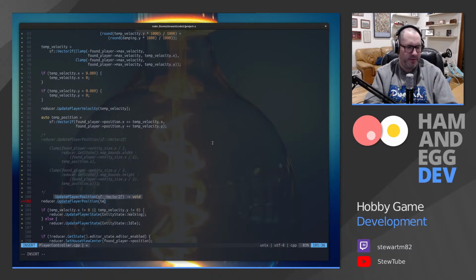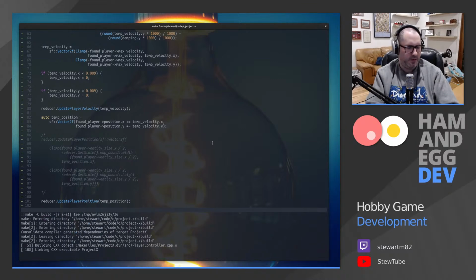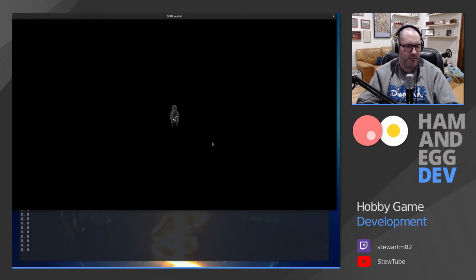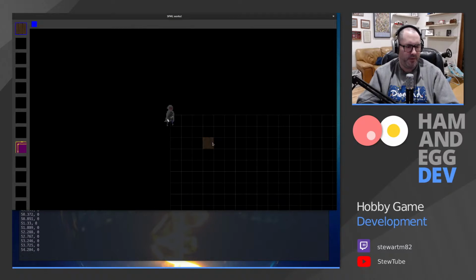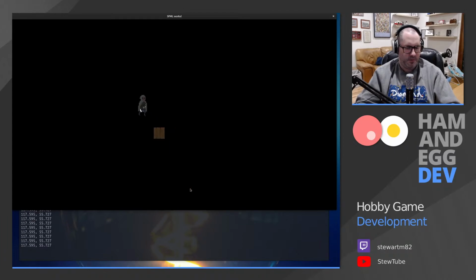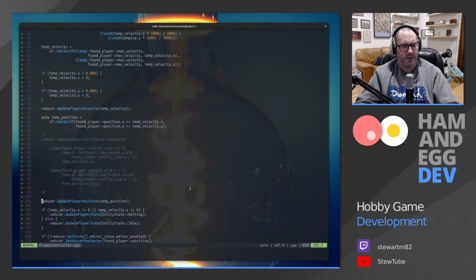So if we just make this temp position here, like that, this shouldn't be affected by the clamping thing, which it doesn't seem to be. I still can't move negatively, which is a bit annoying. Okay, so the view seems to be moving, but not the player.